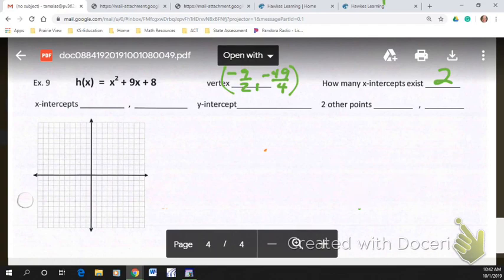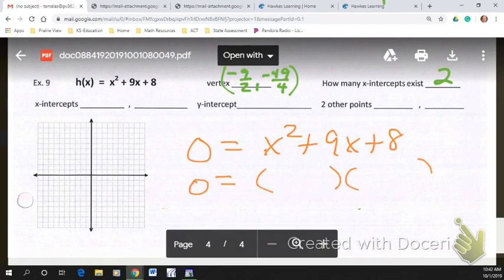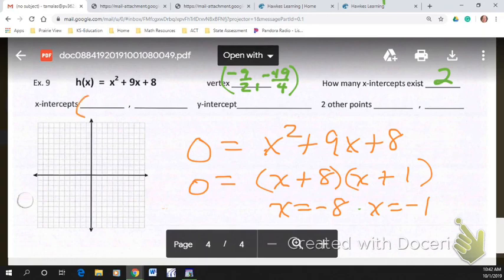If I let y be 0, I'm going to have 0 equals x squared plus 9x plus 8. How do I solve that? By factoring. Multiplies to give me 8 and adds to give me 9 would be 8 and 1. So my x-intercepts are at -8 and -1.